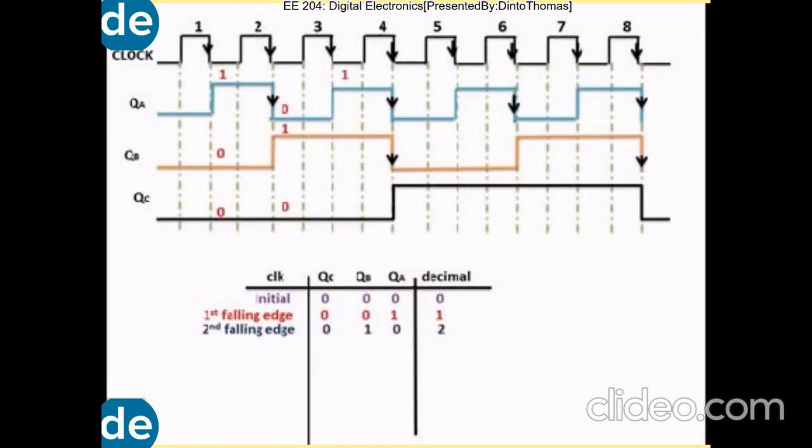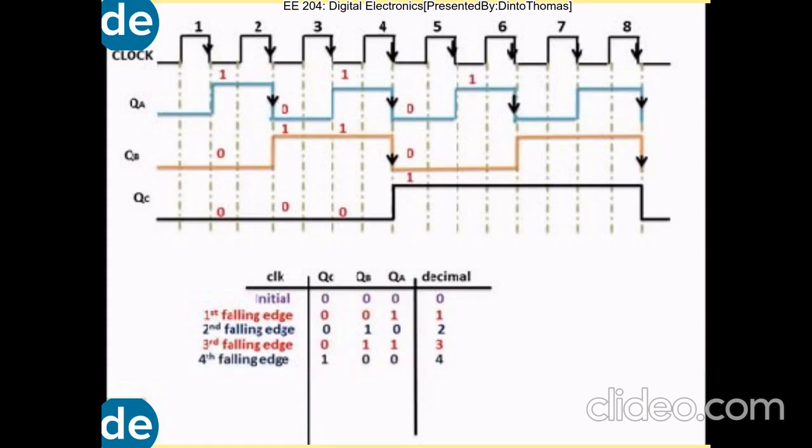The same method has to be followed for the next falling edge, and you can say the value of QA from the timing waveform is 1, QB is 1, and QC is 0, which is 0, 1, 1, indicating the decimal value 3. At the fourth falling edge, the values are 1, 0, 0, which is indicating the QC value 1, QB value 0, QA value 0, and decimal value as 4.